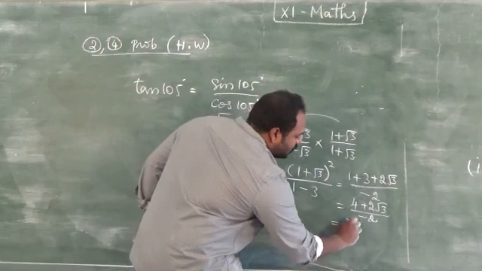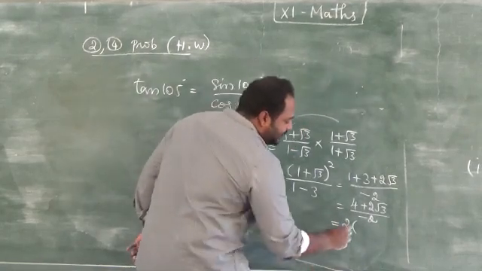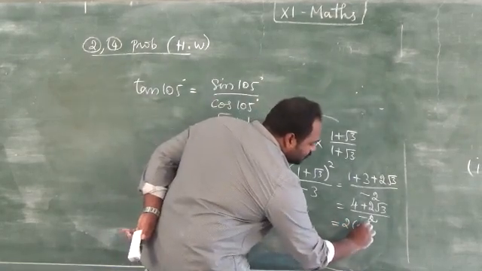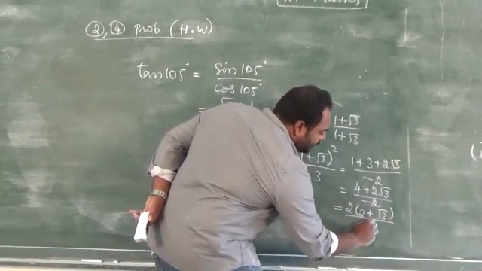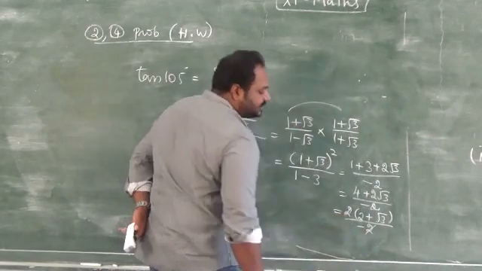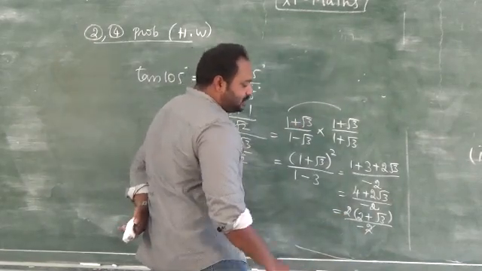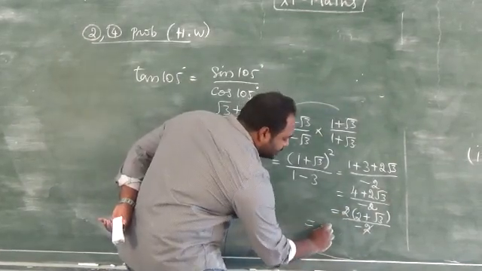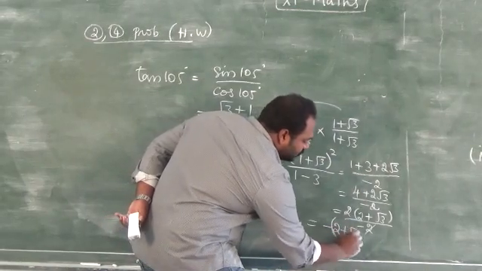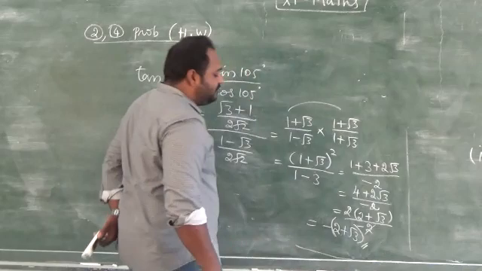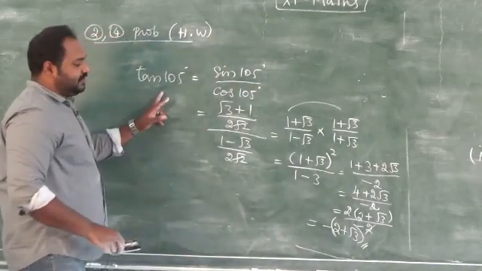If I take 2 commonly outside in the numerator, it is 2 into 2 plus root 3 by minus 2. We can cancel the 2 in numerator and denominator. So finally the answer is minus into 2 plus root 3 for the value of tan 105 degree.